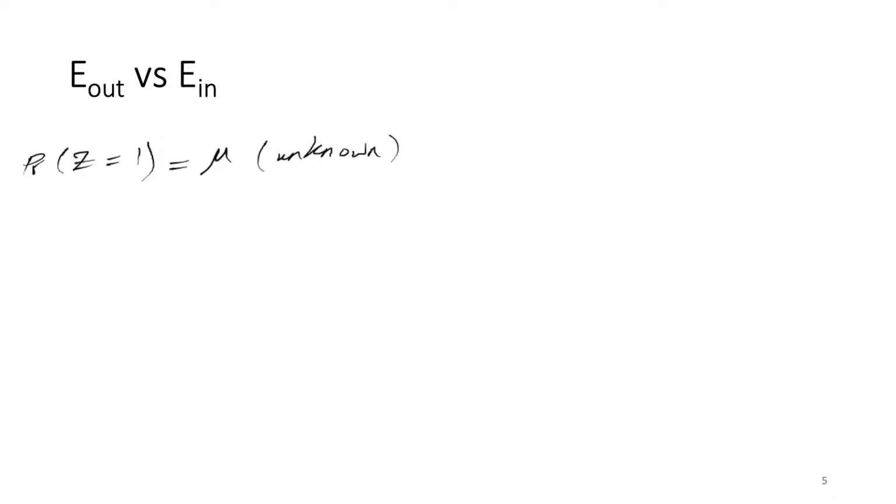All right, so now let's recap again. So we are trying to relate E-out and E-in here. So the probability of the function z equal to 1 is mu, right? And we mentioned that mu is unknown. So now, what exactly is this function z?